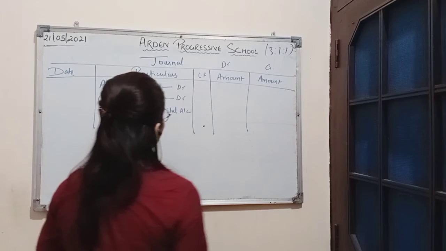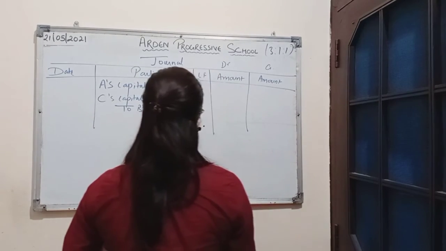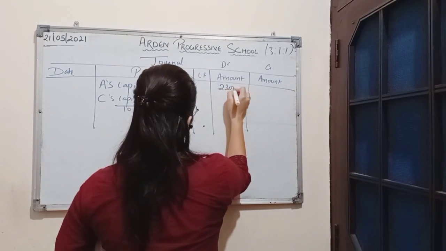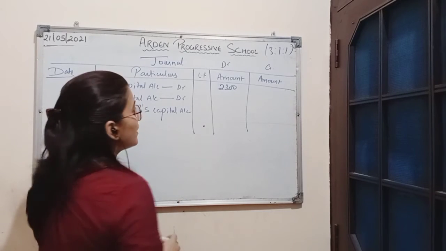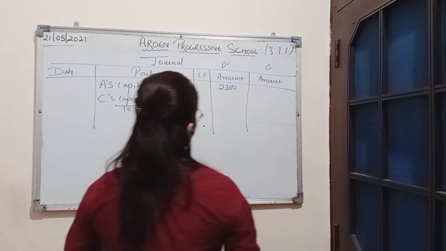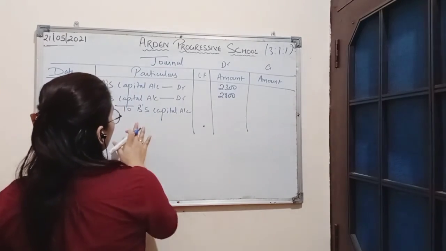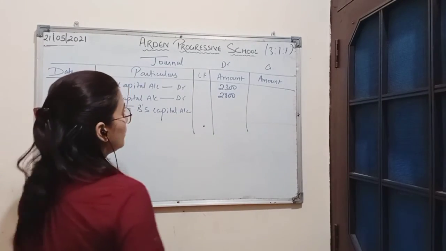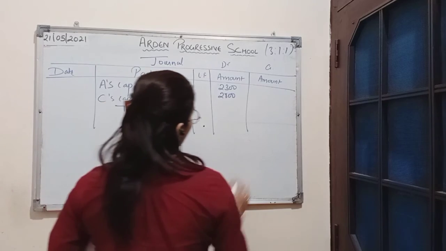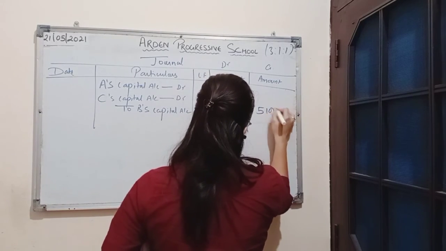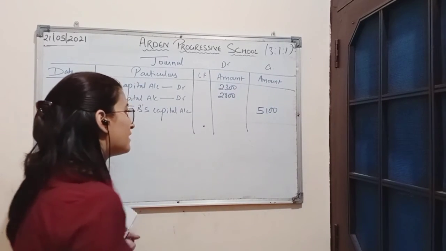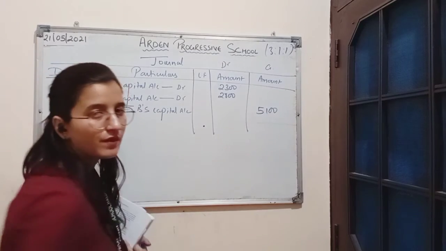So A was having a debit balance of rupees 2,300. C was having a debit balance of rupees 2,800 and B's capital account was credited with the amount 5,100. B was having a credit balance of rupees 5,100.